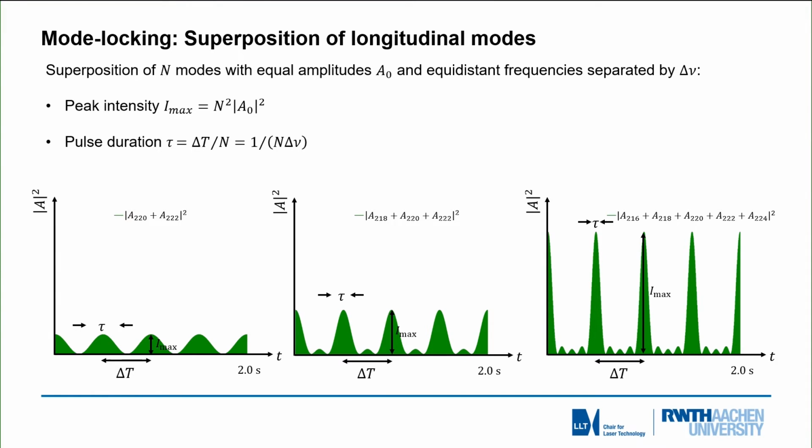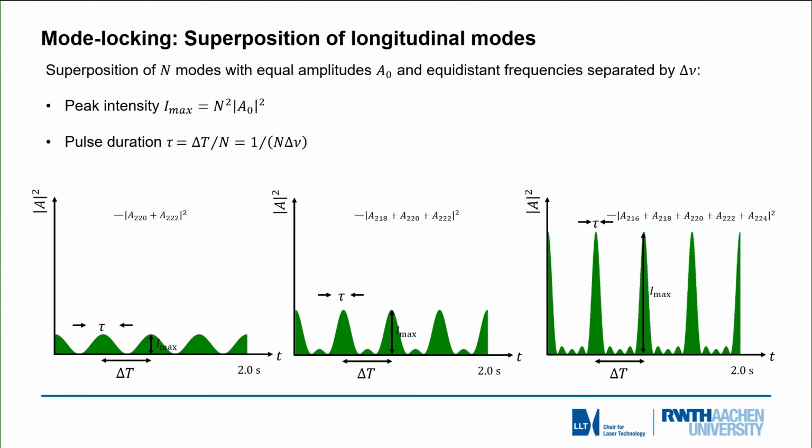For 2 waves which are superimposed, you can see the values plotted here. If we add 3 waves, you see already that the maximum is even higher. It is the square of 3 times the individual amplitude. And in the amplitude square domain, the intensity domain, of course, this scales with the square of the number of modes which are superimposed.